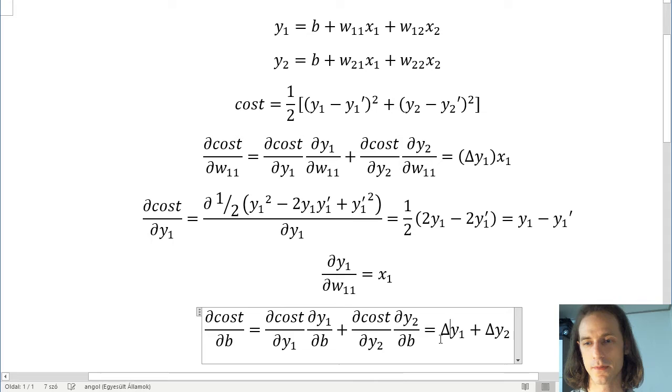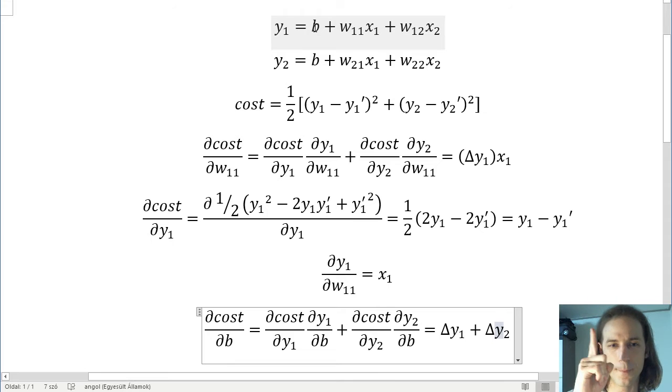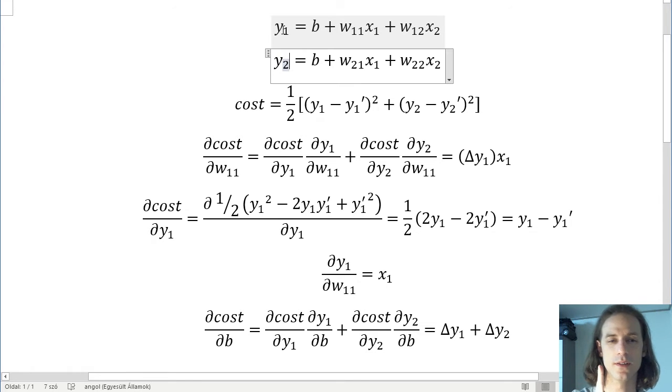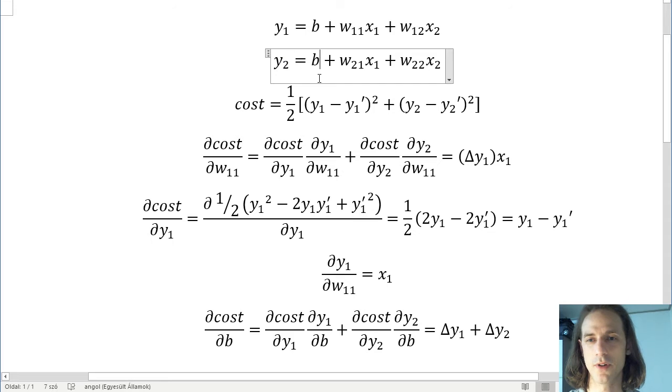So the change of the cost function by the bias is going to be just delta y1 plus delta y2. If you think about it, if you change the bias a little, move it up, that will change both y1 and y2 to increase the same amount.